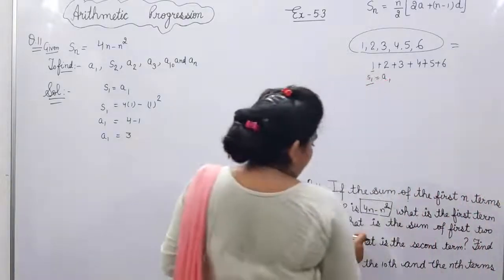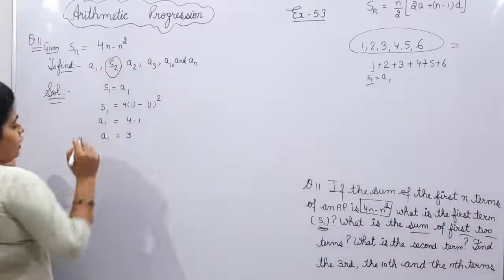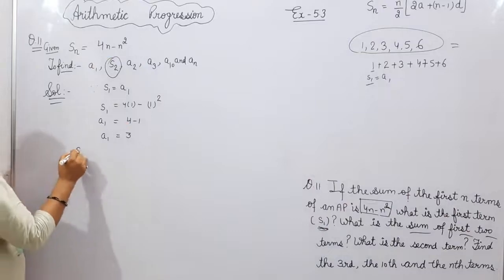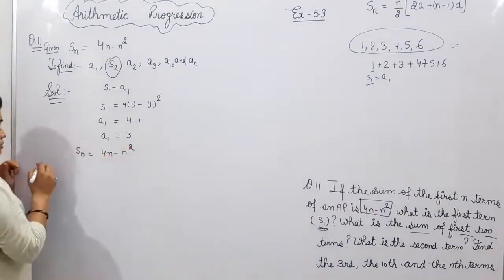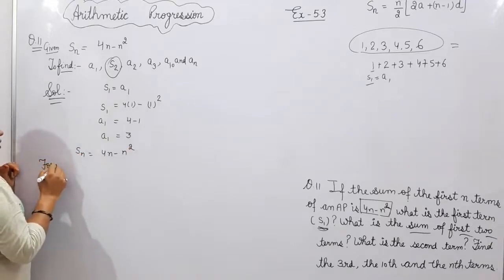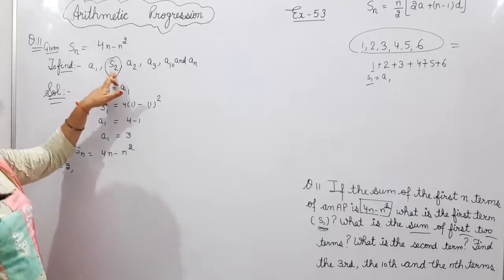Now we have to find the sum of first two terms, means S2 we have to find. What is given? Sn is given. Sn is equal to 4n minus n square. Then n is equal to 2, because 2 के लिए find out करना है.